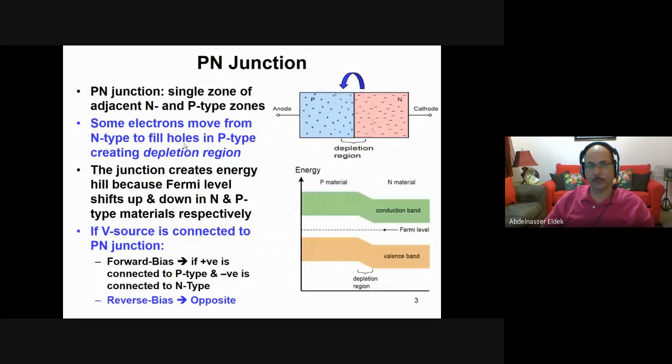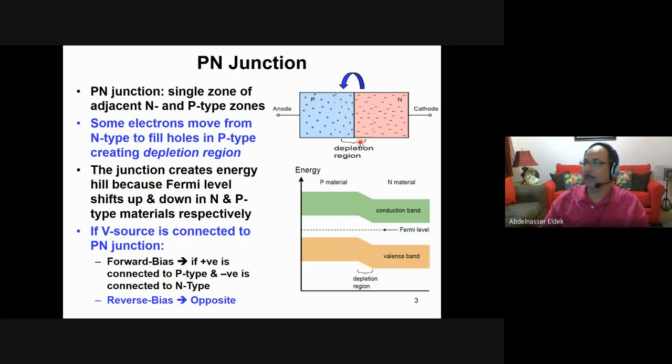What's a PN junction? From the name, it is P, which is P-type, and N, which is N-type. So imagine that we have, for example, this is a P-type, and this is N-type. In P-type we have extra holes, and in N-type we have extra electrons.